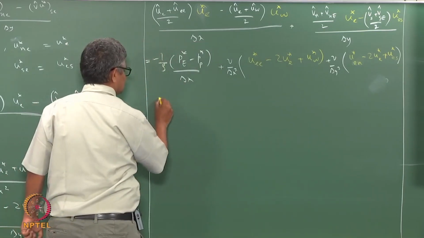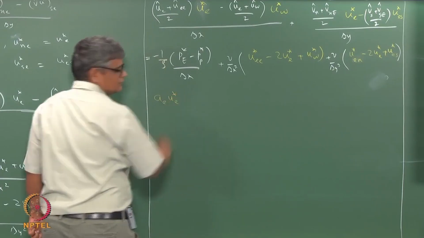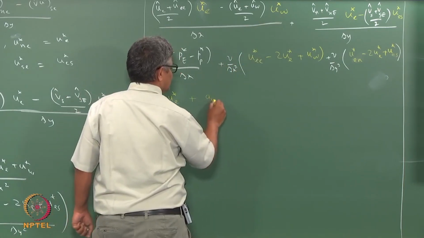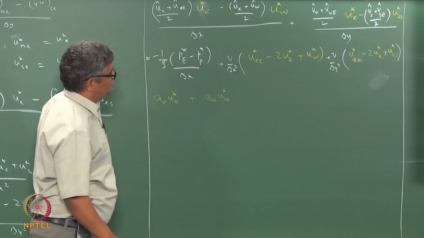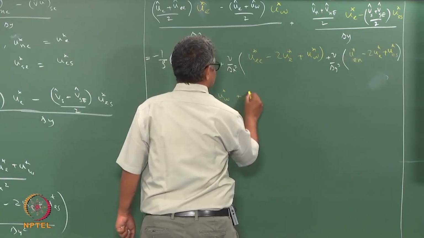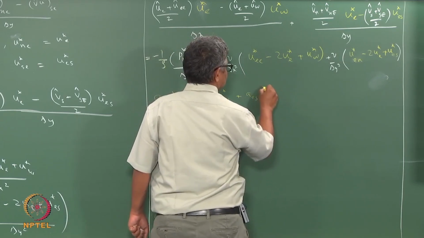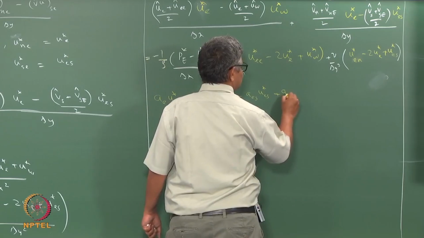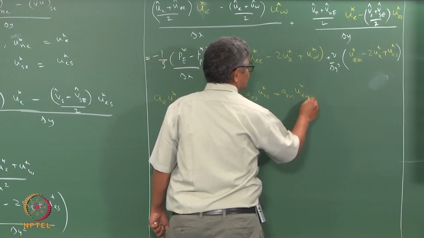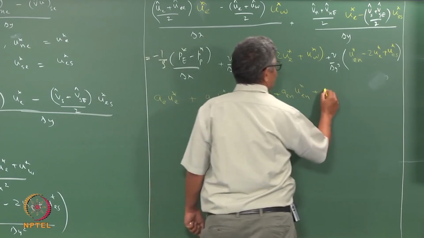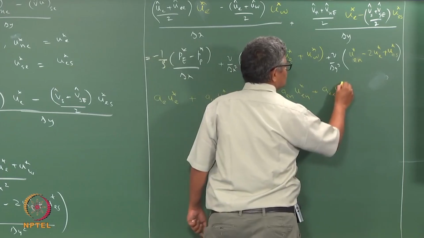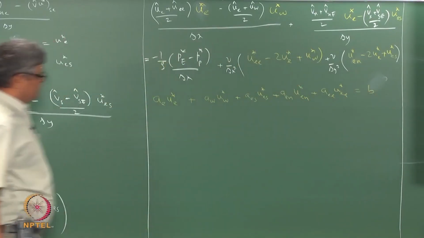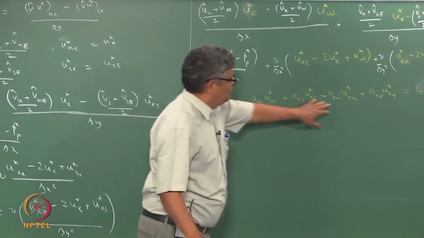So, we can write this as a e times u e star, and then we have a w times u star w, plus a e s times u star e s, plus a e n times u star e n, plus a e e times u star e e equal to some b here.